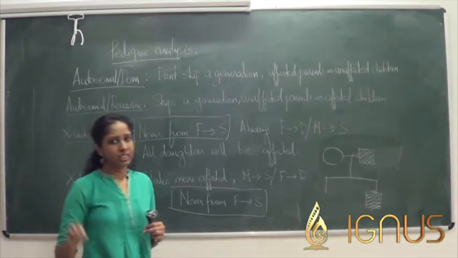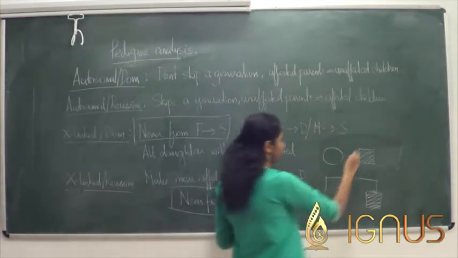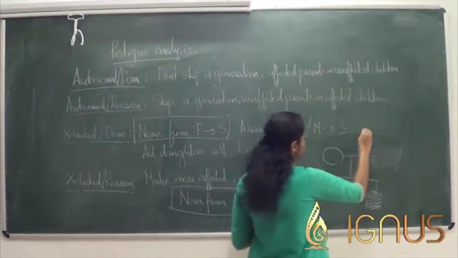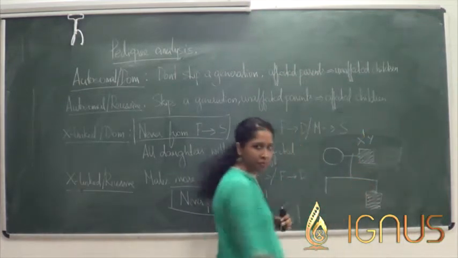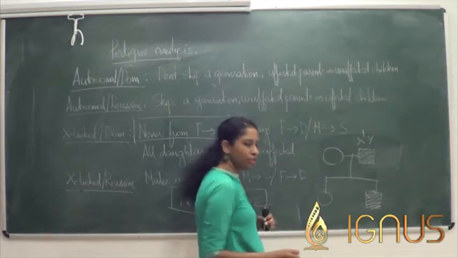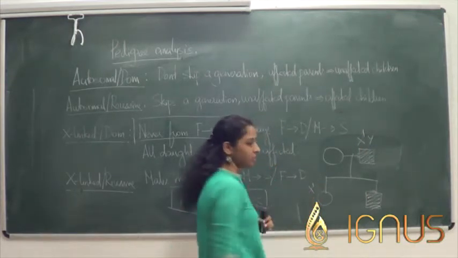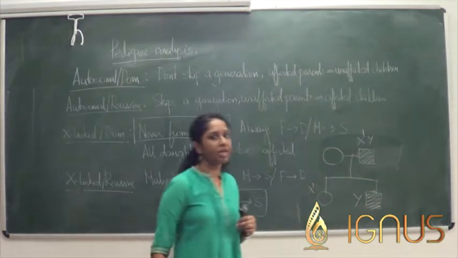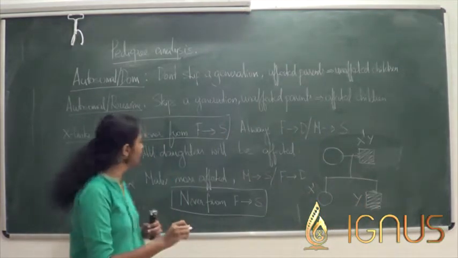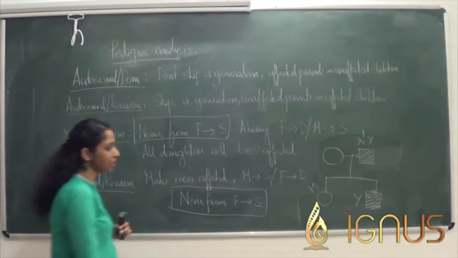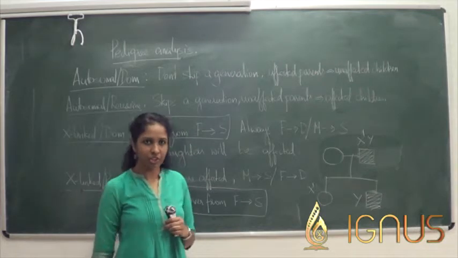Because the gene is always carried on the X chromosome. So if you have a father who is affected, this X chromosome is being passed on to the daughter. The son will always get the Y chromosome, and the Y chromosome is not carrying any genes in case of sex-linked dominant or sex-linked recessive. The Y chromosome is not carrying any of the genes.